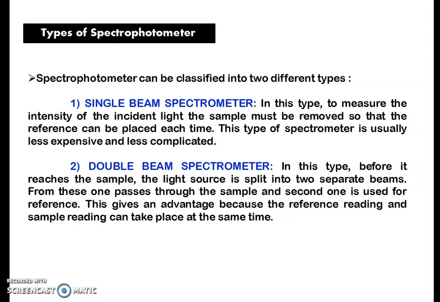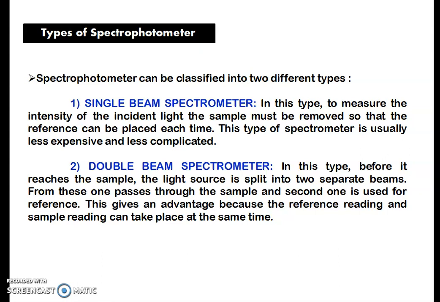While in a double beam spectrophotometer, there are two slots, one for keeping the reference cuvette and one for the sample. So it is less tedious when compared to the single beam spectrophotometer, and highly expensive also, and its accuracy is very high when compared to the single beam spectrophotometer.